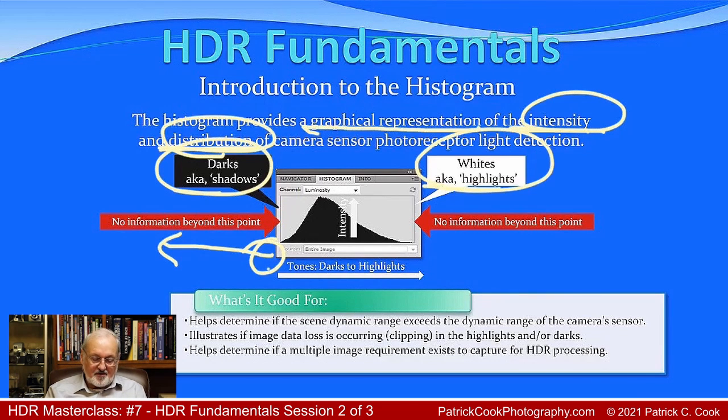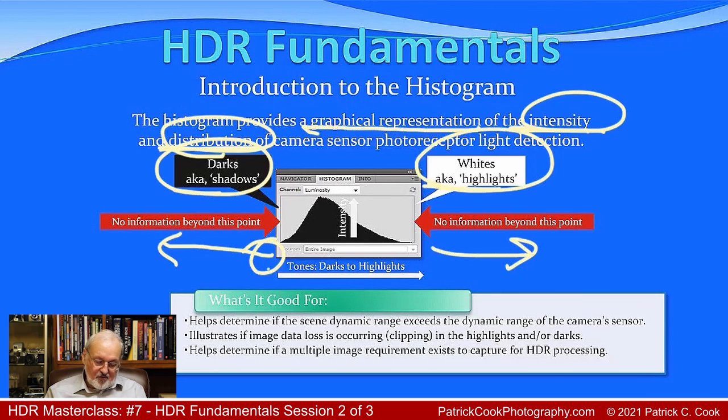Likewise, over on the whites or the highlight side, any amount of light that's falling on a photoreceptor that is above or greater than the capabilities of the photosensor to be turned into a numeric value is going to clip on the white side or on the right side of the histogram.